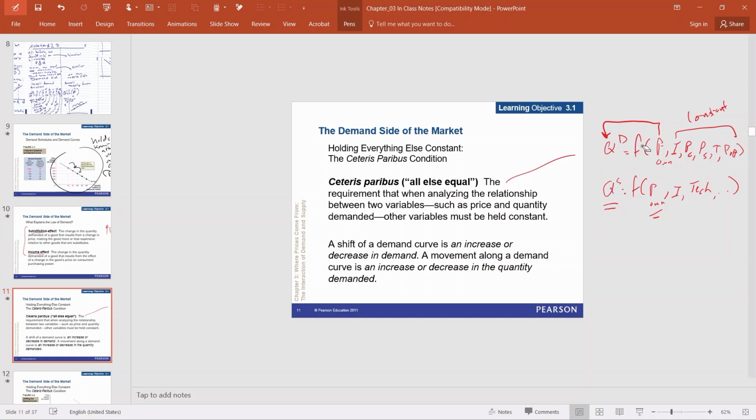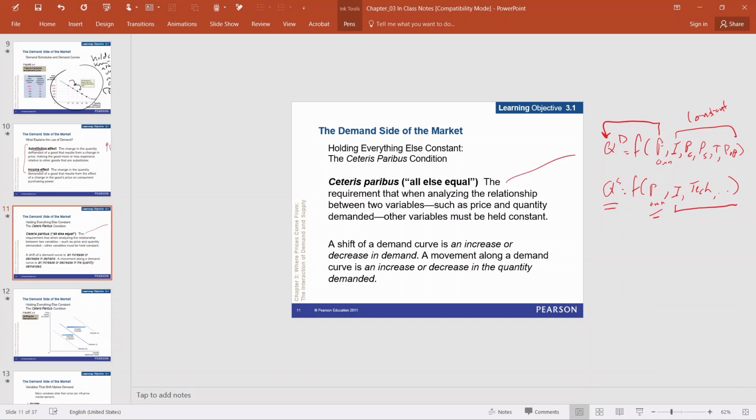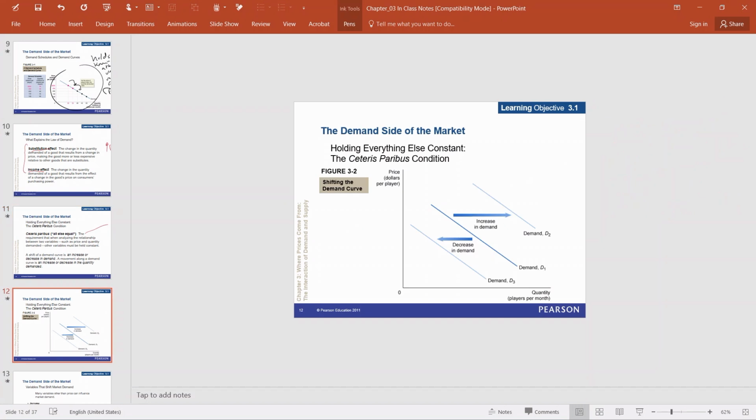So this relationship is true, holding all other variables on the supply side unchanged. And this slide shows that when there are changes on the demand side, in the other variables, this means the curve will move. The whole curve will move.